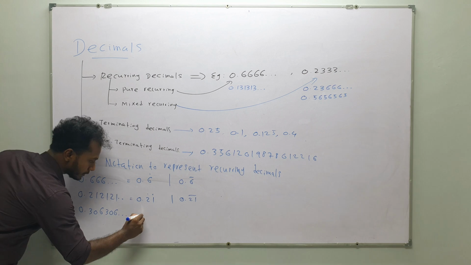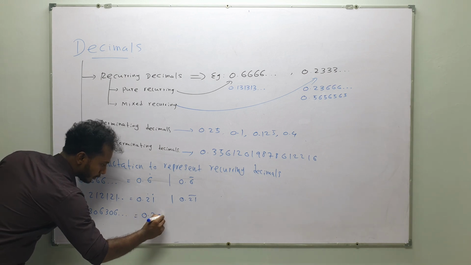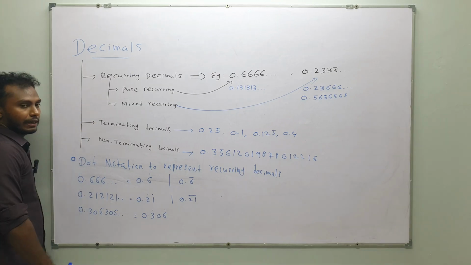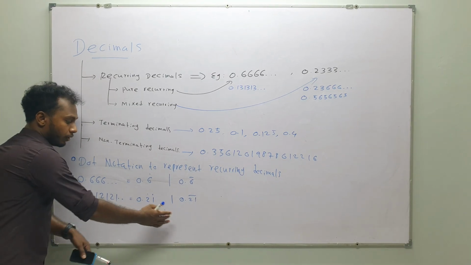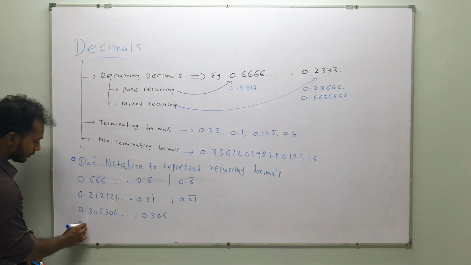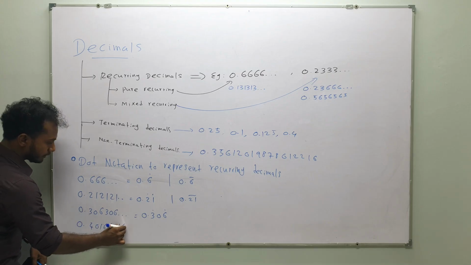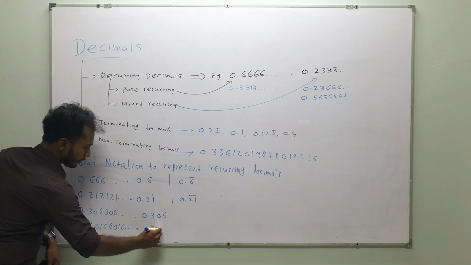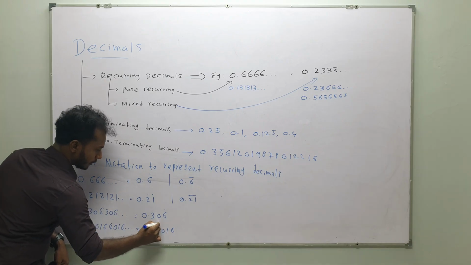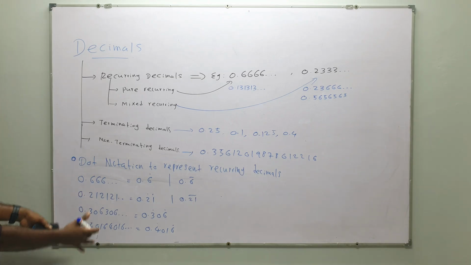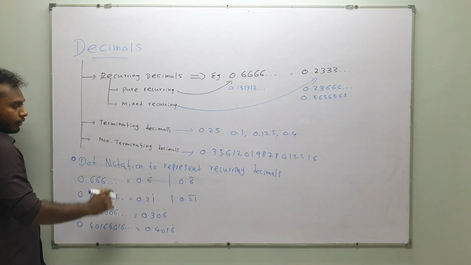No. We put the dots only on the starting digit and the end digit. Imagine you have 4 digits like 0.4016 recurring. We write dots over the 4 and the 6 only. That's how you represent recurring decimals using the dot notation.